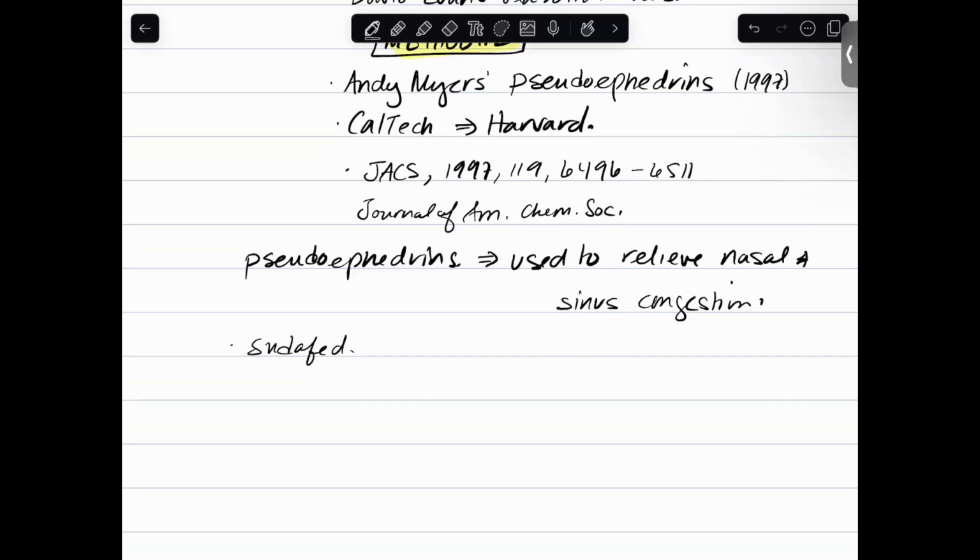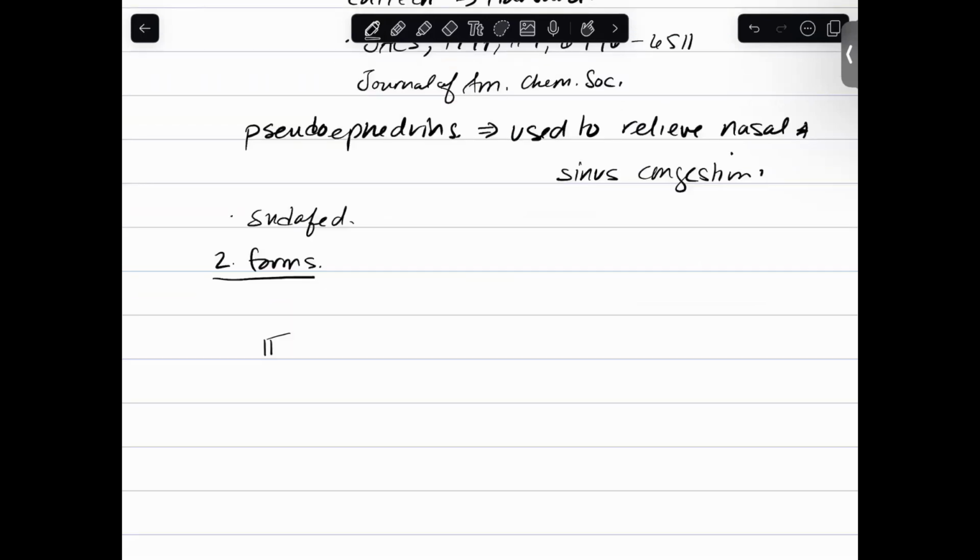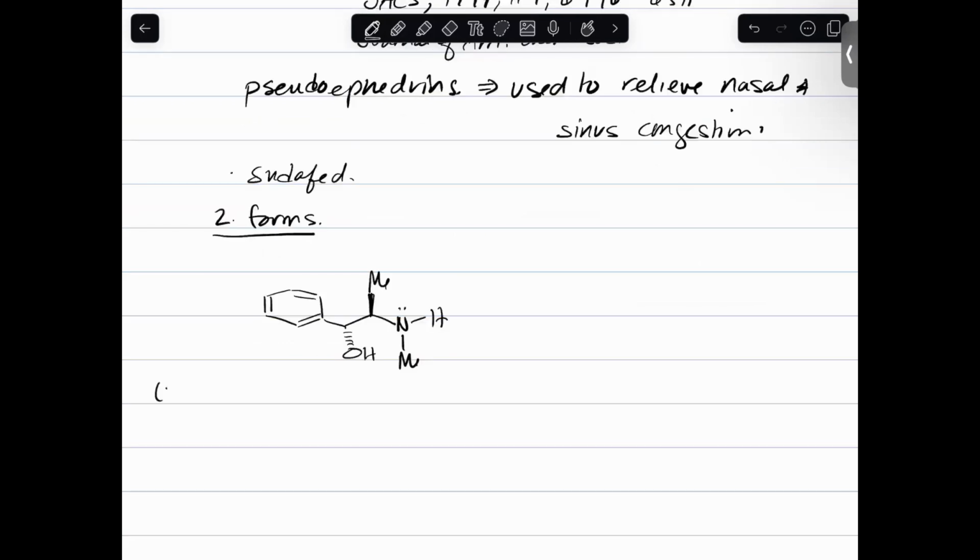And there are two forms of these pseudoephedrines that I want to talk about. And let me draw them out for you. The first one is known as RR pseudoephedrine. Not surprisingly, the RR is for the stereochemistry.